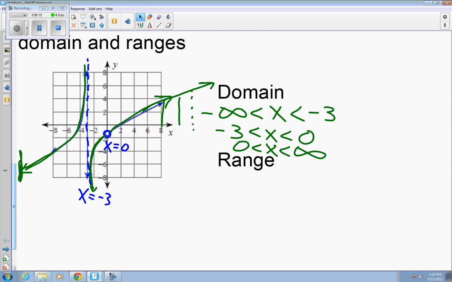Range. For the range we need to talk about how low to how high. It looks like 2 different parts of the graph. This one on the left is going to go down, and this one also. They both go down all the way to negative infinity. So negative infinity is less than y. As we go up on the graph, just pick one of them.